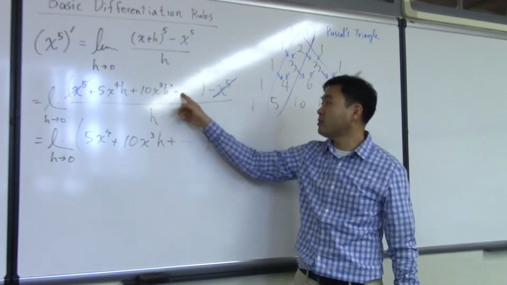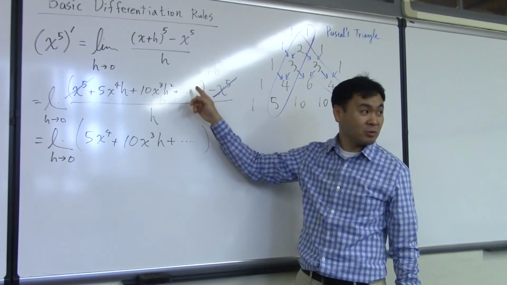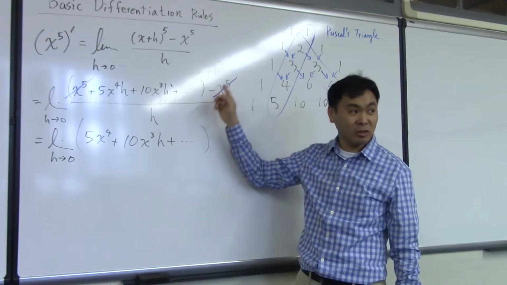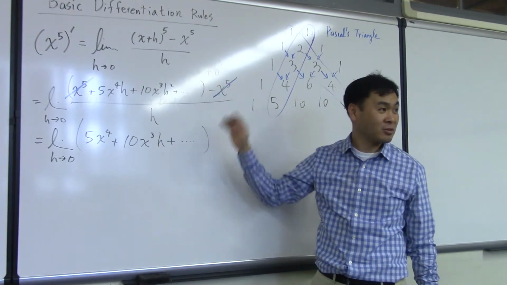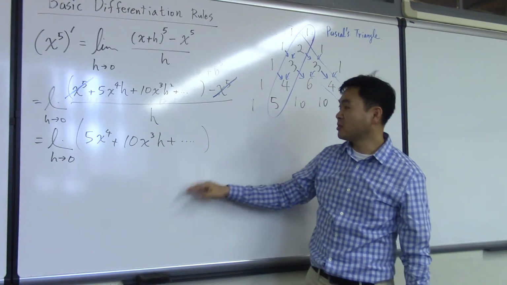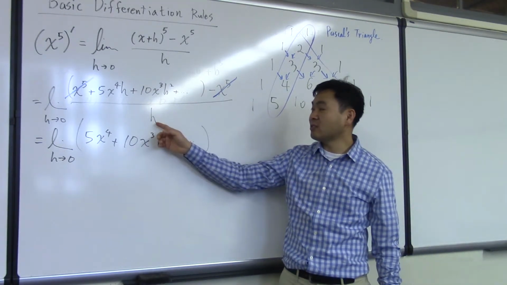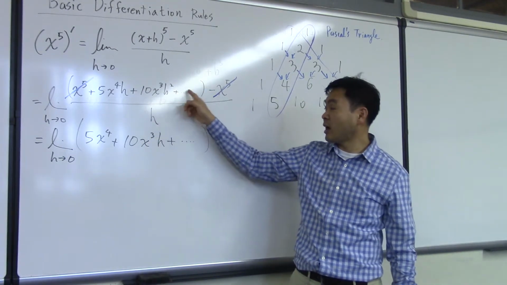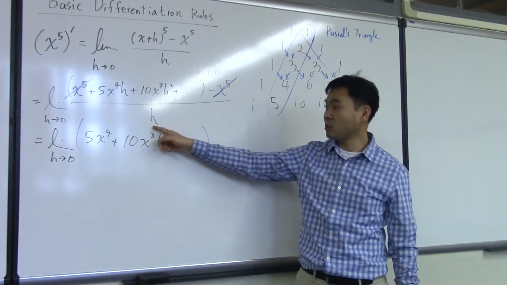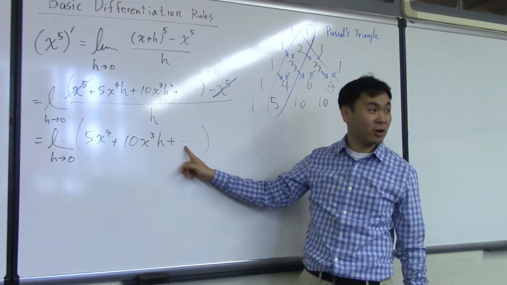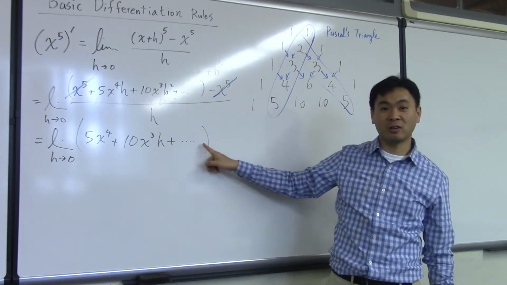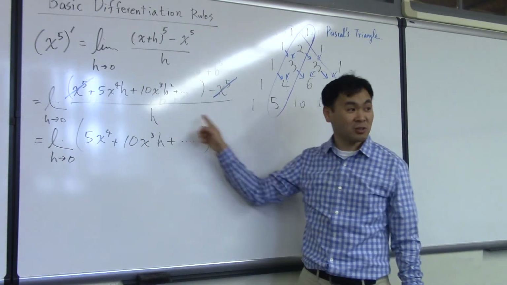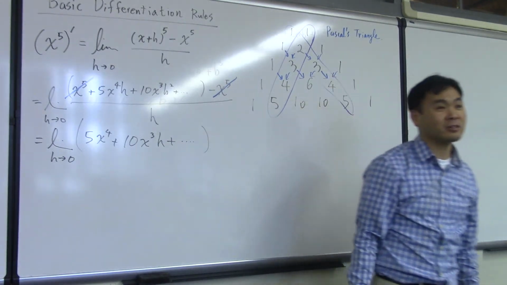Yeah, x squared h cubed, and then x times h to the 4th, and there is no x, there's h to the 5th. And then h will cancel with this h, leaving you with h squared on the next one, and then h cubed, and then h to the fourth. Those will be the terms in here that I didn't bother to write.